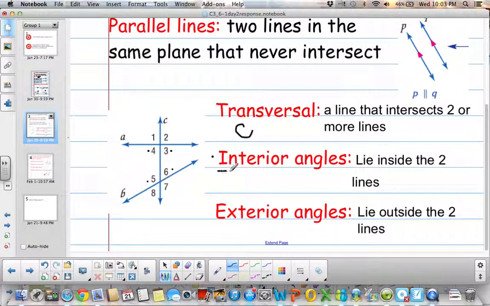Our black dots go with our interior angles. And then our exterior angles would be 1, 2, 8, and 7, so they lie outside the two lines. Interior, inside; exterior, outside.